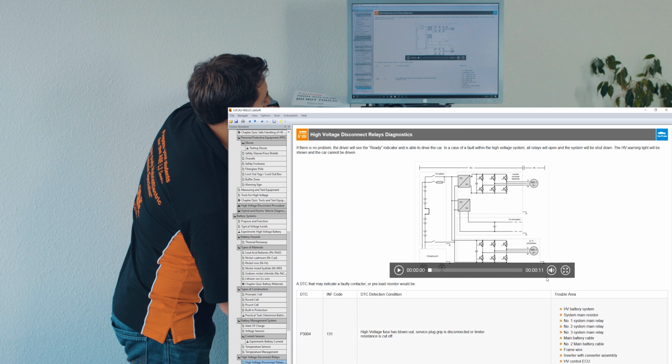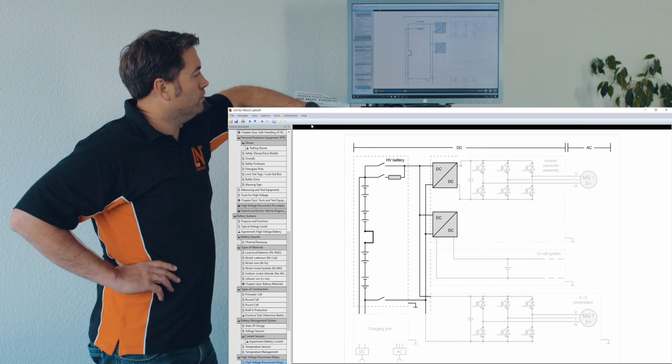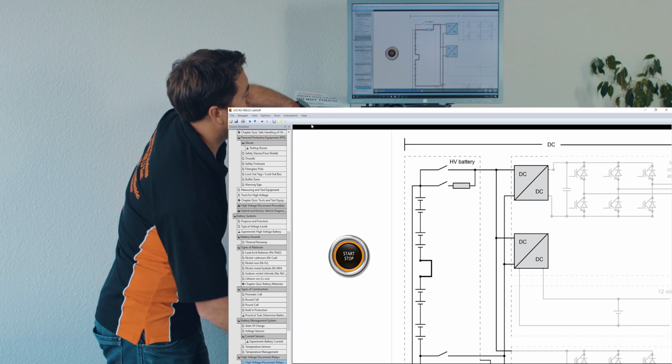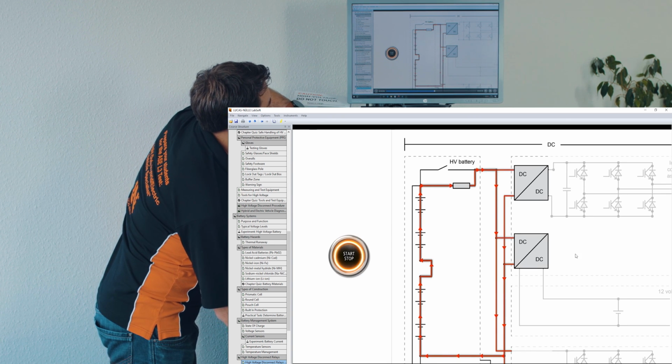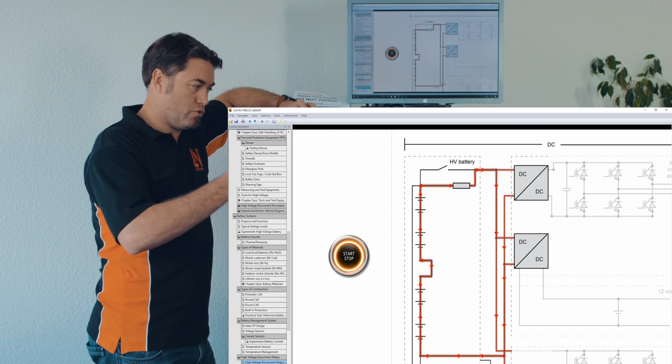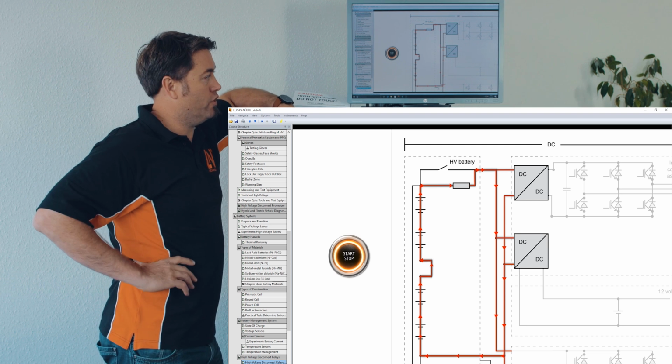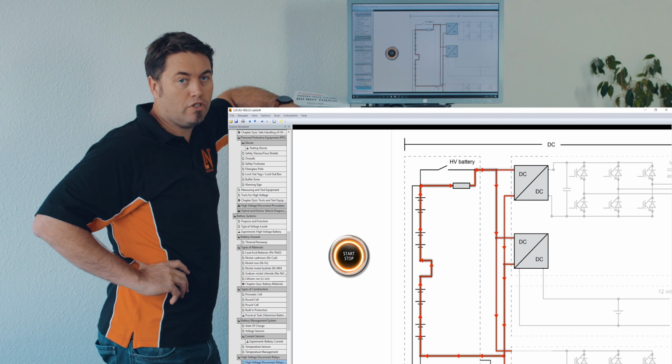That's important. Now if we were to have a short circuit, a good example is inside the air conditioning compressor. You've just replaced it, put a new or sometimes even a used air conditioning compressor onto the vehicle.